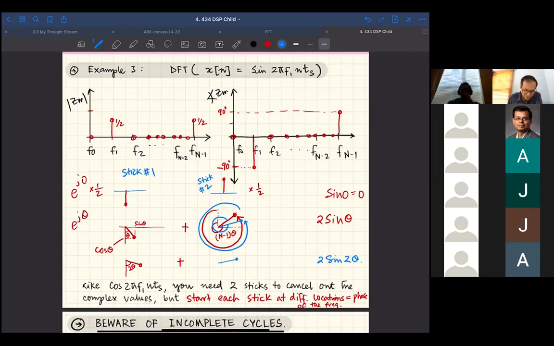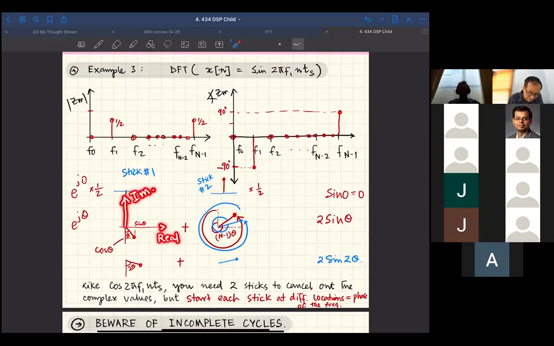Why? Because stick 1, this is a positive sine component, right? Traditionally, isn't sine supposed to be on the y-axis? No. But that's not what you care about, right? What we care about is the real axis. This is the real axis. This is the imaginary axis, right? Oh, I see your confusion.